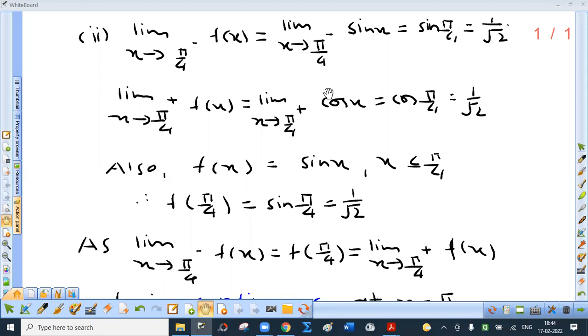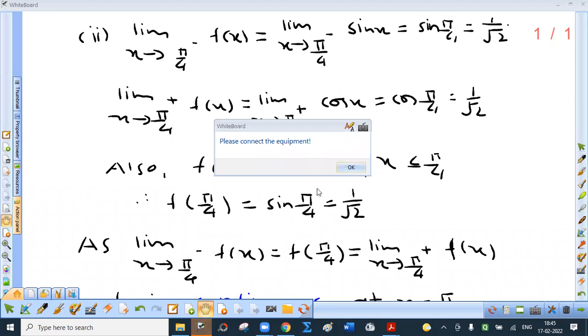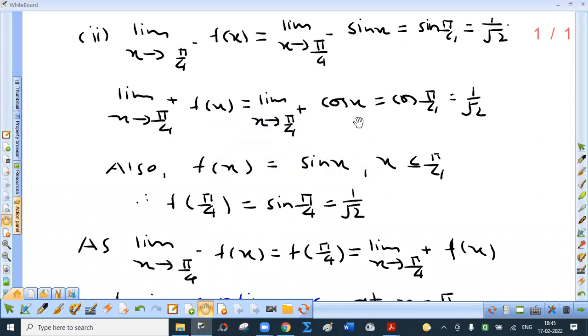To the left of pi by 4, a different definition. To the right, a different definition. So the function could possibly be discontinuous at pi by 4. That is why we are asked to discuss continuity at pi by 4. But they could have asked to discuss continuity at x equal to any real number. Why? Because sine and cosine ratios are defined for all real angles.